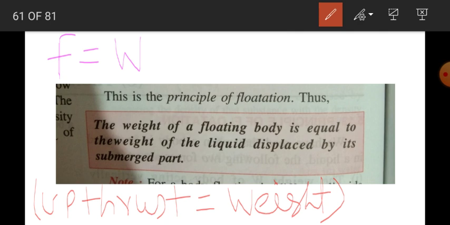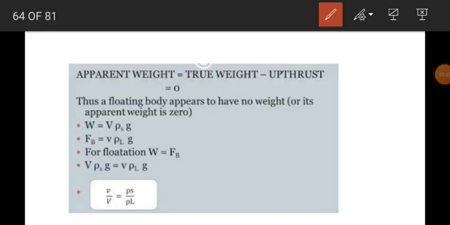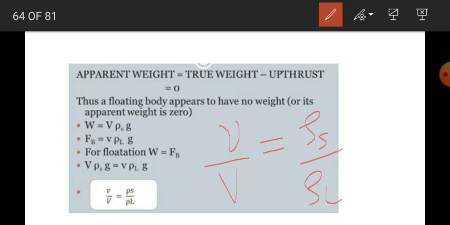So let me write this statement in the form of an equation. Again, they have written the same equation here. At the end, this will be my final equation, although during the lectures we have solved it, and there are a few numericals based on it as well. This is the equation I want to derive.